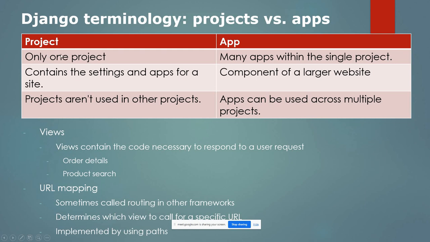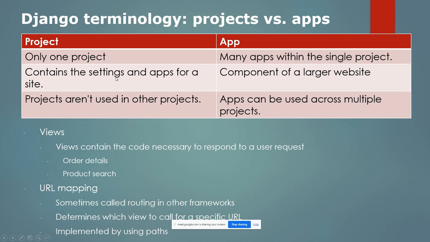Once the project is created, one project may contain many apps. Initially you create one project, and in that project you can create any number of apps. The project contains settings and apps for a site.